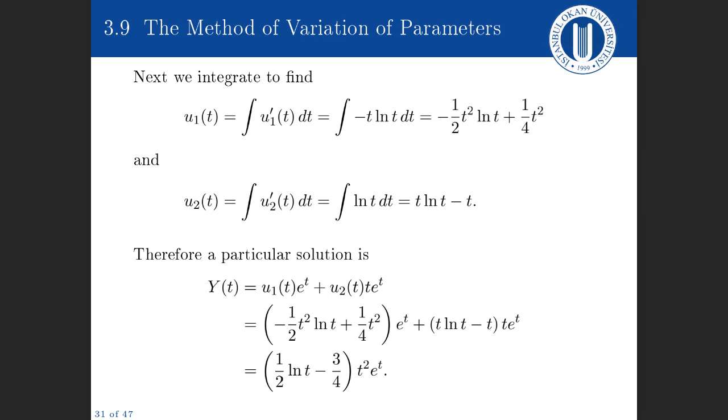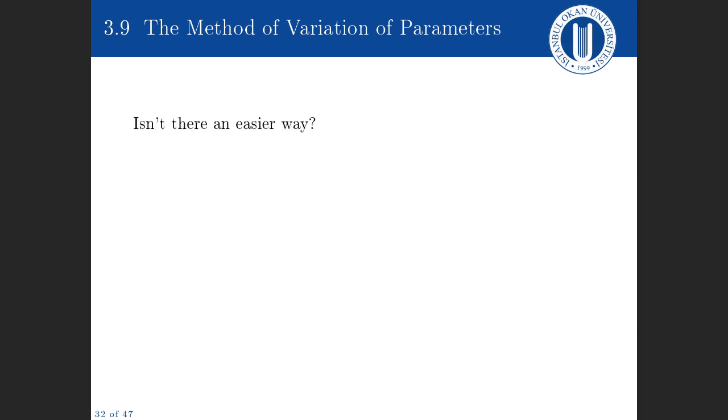Now that we know u1 and u2, we know our particular solution. Okay, great. So that's how we do the method of variation of parameters.